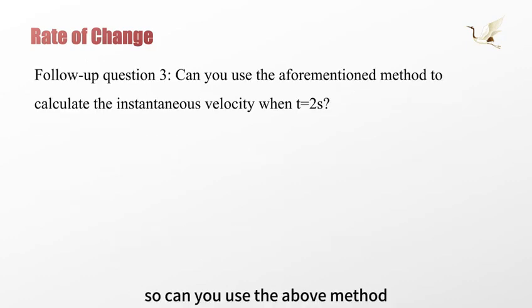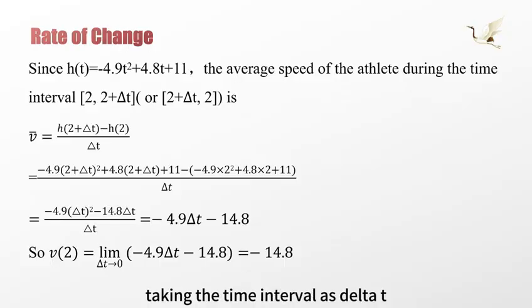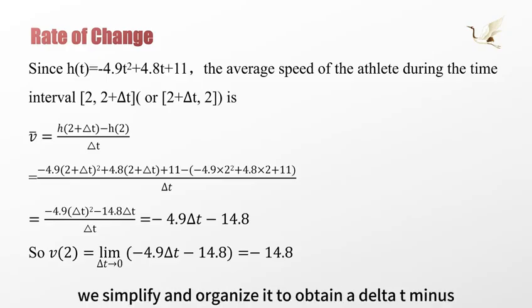So, can you use the above method to calculate the instantaneous velocity when t equals 2 seconds? We can still use a similar method as before, taking the time interval as delta t. Therefore, the average speed of the athlete in the time period after or before 2 seconds is [h(2 + delta t) - h(2)] divided by delta t. Substituting into the expression of h(t), we simplify and organize it to obtain -4.9 times delta t minus 14.8.